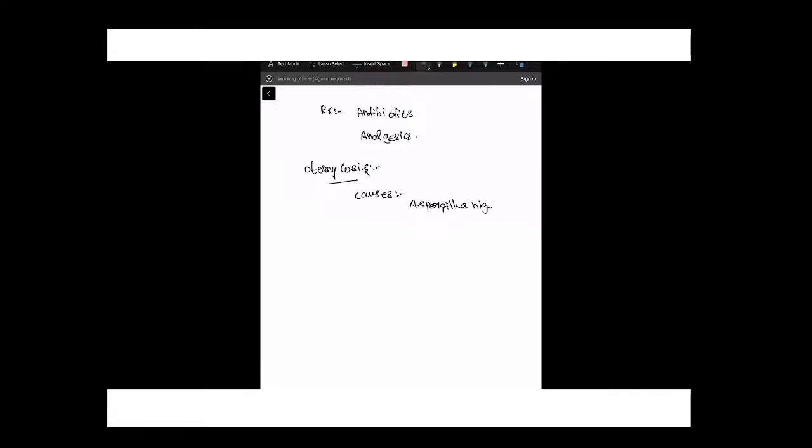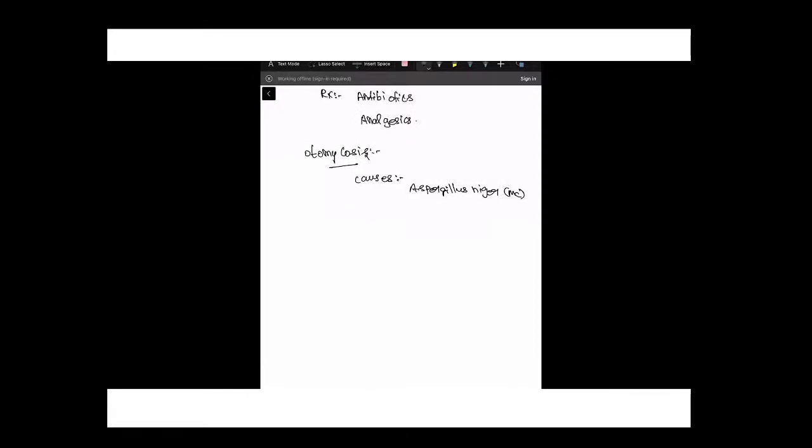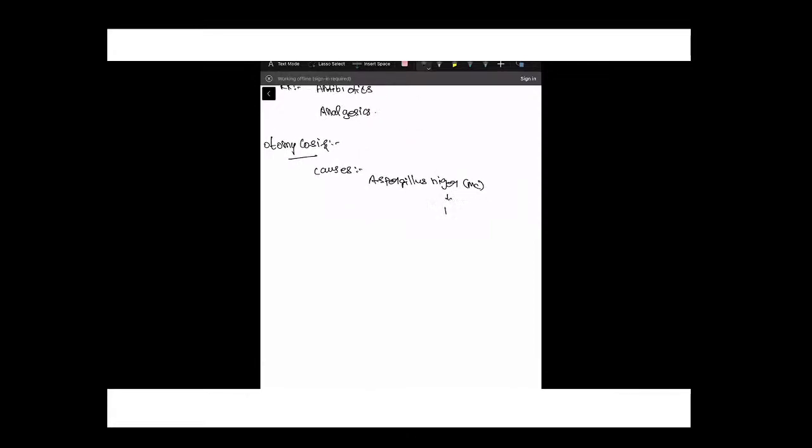Aspergillus niger is most common, forms black colonies, and Aspergillus fumigatus forms green colonies.